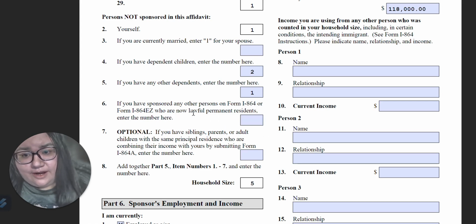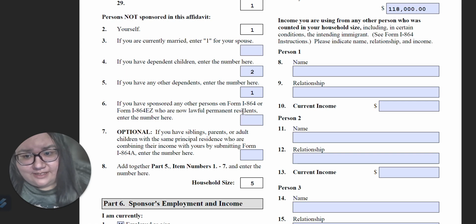Let's say Jose was also currently sponsoring his mother for a green card. So he currently has a pending application for his mother's adjustment of status. That means he also filled out a form I-864 for his mother. But her case is still pending. She's not a lawful permanent resident yet. So we would not have to count her in this box. We would just leave it blank.